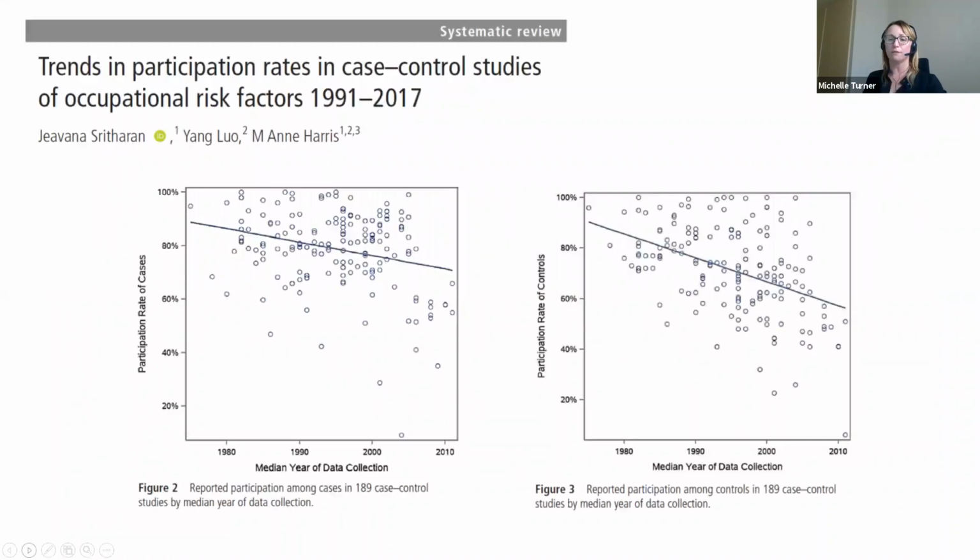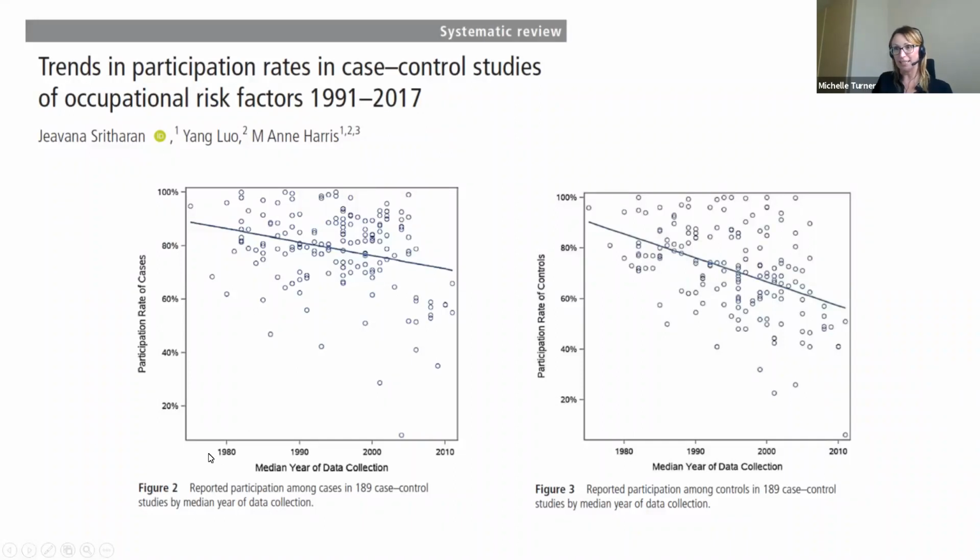So something that's important to think about in terms of case control studies is selection bias. This was a paper published very recently looking at trends in participation rates in case control studies of occupational risk factors from 1991 to 2007.